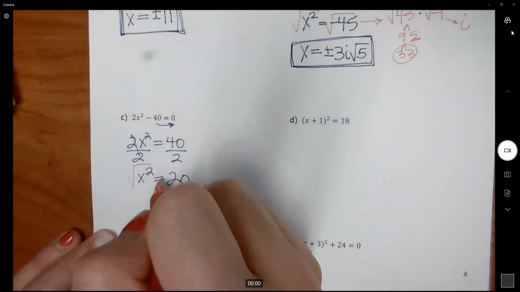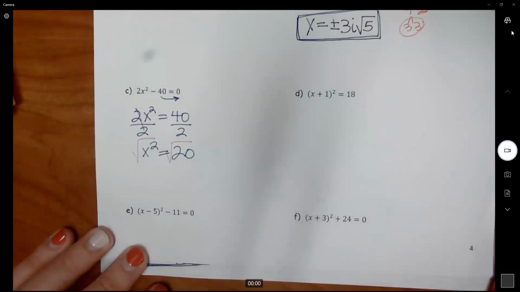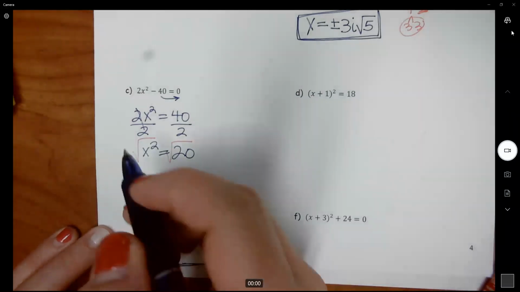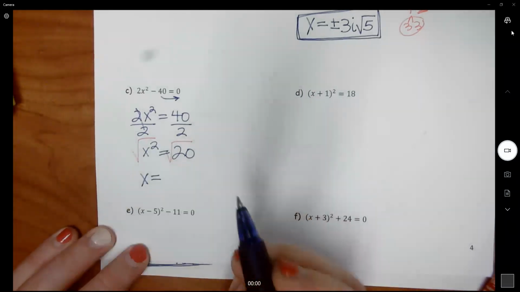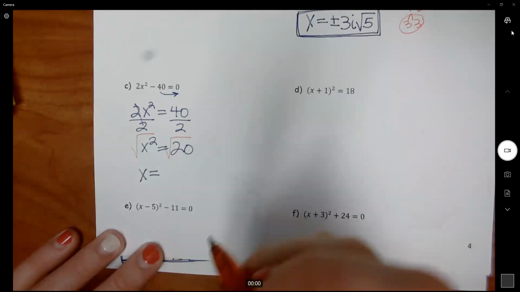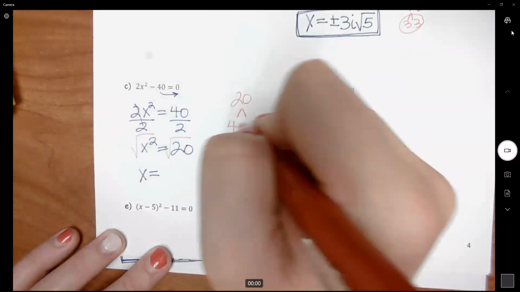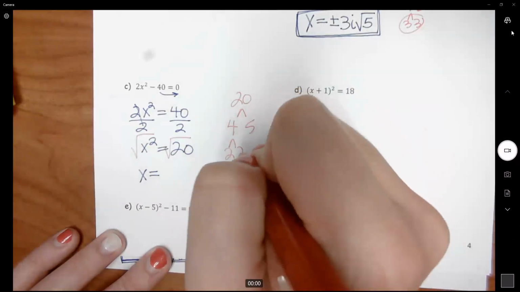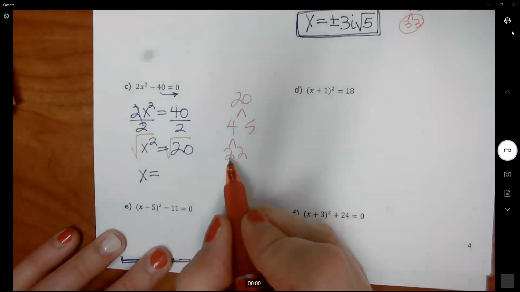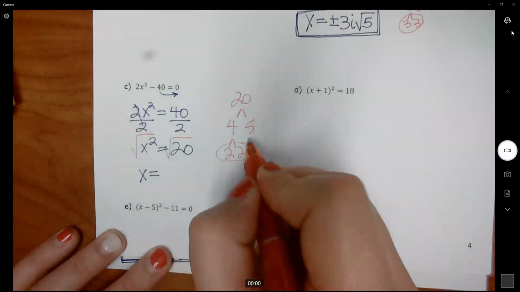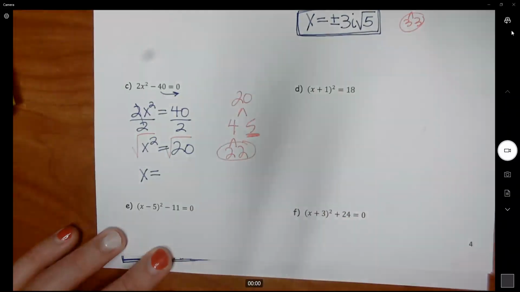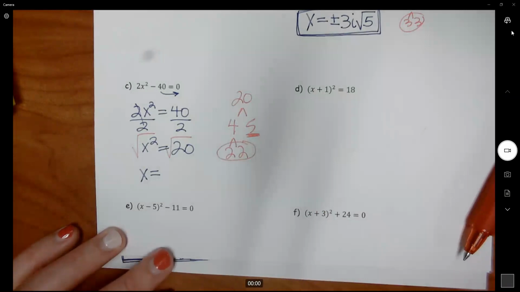Now I can take the square root of both sides. So the square root of x squared is x. The square root of 20 needs to get broken down. That is 4 times 5, which is 2 times 2. My pair comes out, and my lonely 5 stays in.